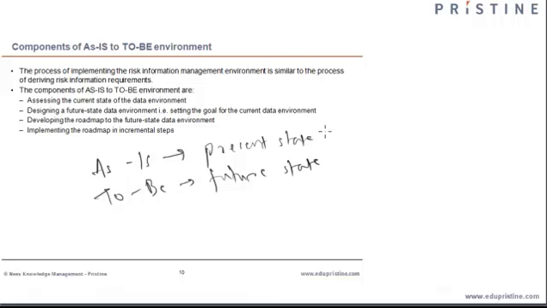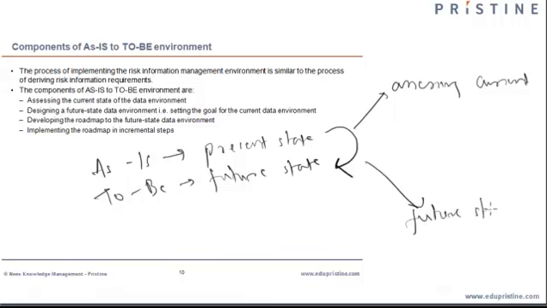The components for moving from the present state to the future state consist of assessing the current state, determining where I want to be or determining the future state, developing a roadmap so that I can move from the current state to the future state, and finally implementing this roadmap in incremental steps so as not to hinder my day-to-day activities.